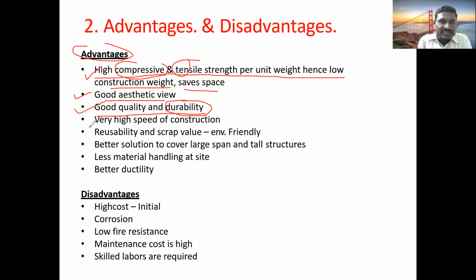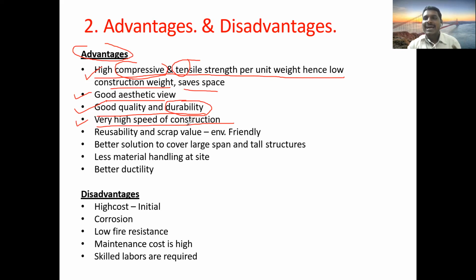Then the fourth advantage, very high speed of construction. Correct? If we compare RCC structure and steel structure, and think about speed of construction, which structure can we construct fastly? Steel structure. Why? Ready-made members are there. Right or not? Steel members are ready. What do we have to do?